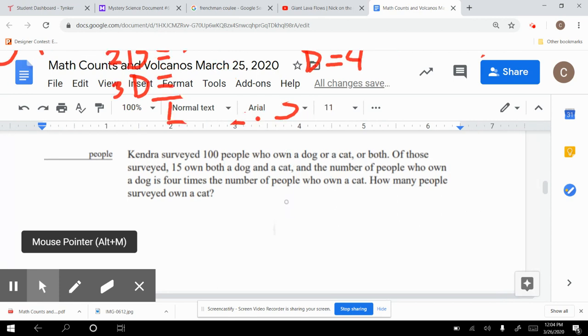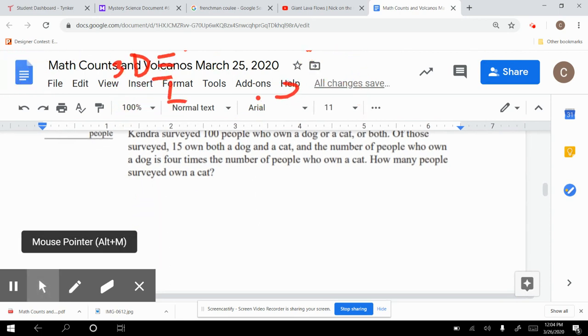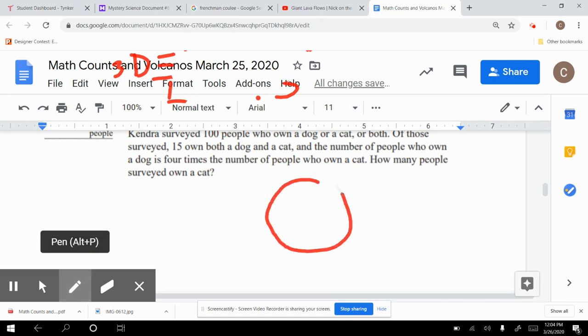I always like to think of problems like this. Sorry, let me bring it back up for us. Problems like this remind me of a Venn diagram. We have either cats or dogs or both. So let's make this one dogs, and this one cats.